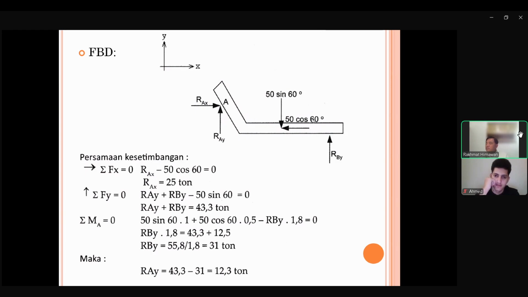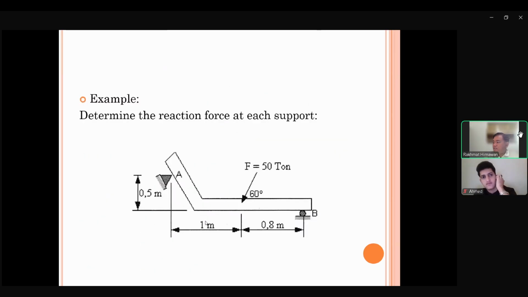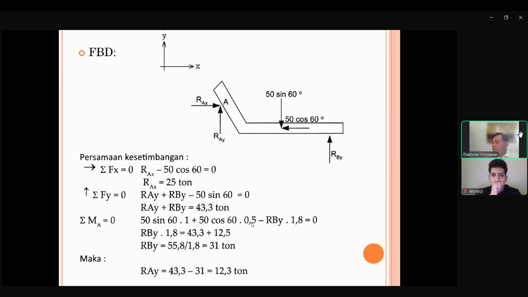50 cos 60 multiplied with the distance, which is, with the transmissibility principle, we move this force here. And the distance between A and here is 0.5 meter. So here, 0.5. That's the moment because of this force.